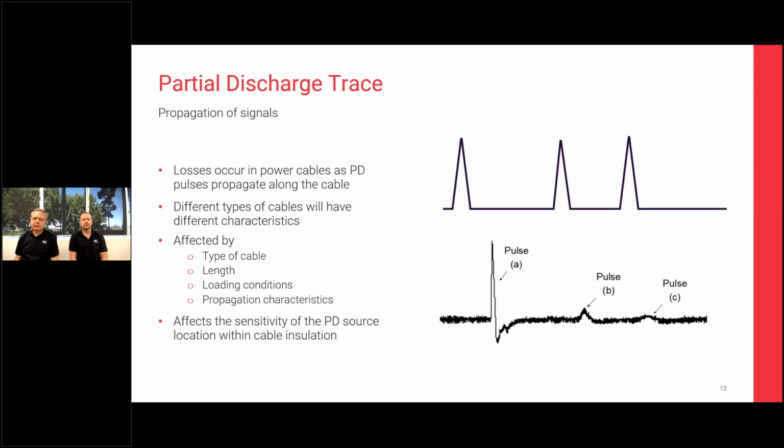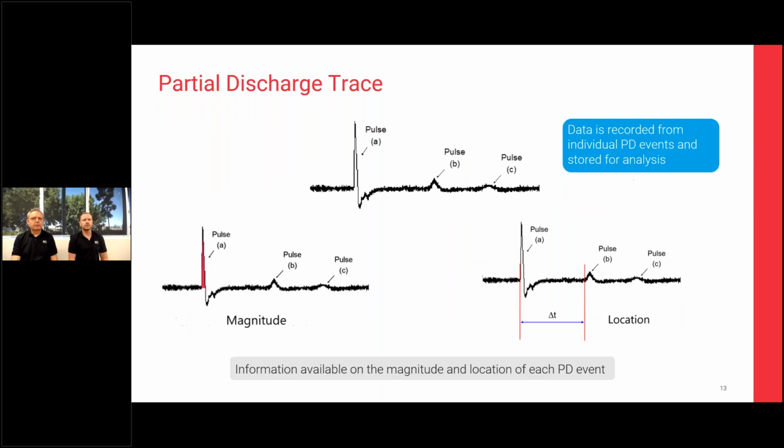And the propagation characteristics of that cable. All of these things affect the sensitivity of the PD, of locating the PD source within cable insulation, whether you're looking at online or offline techniques. So that high frequency component will disappear. We'll talk about frequency and applying filters as we go in the next few slides.